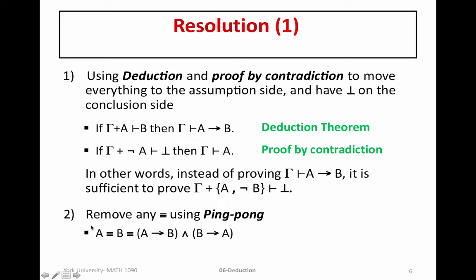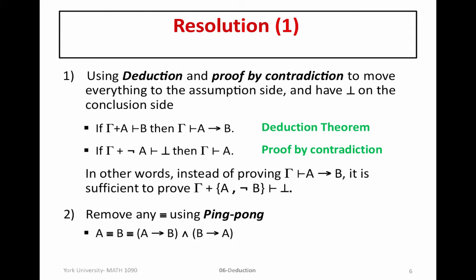So we know that A equivalent to B, so some well-formed formula with equivalence in it, is the same as A implies B and B implies A. Okay, so we would replace any A equivalent to B statement with this one. So we will still have to do more to apply these theorems in order to get only or and not. So we need to see how to get rid of and, and how to get rid of any new implications that we add.